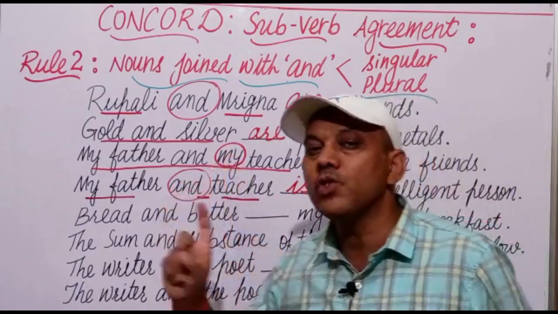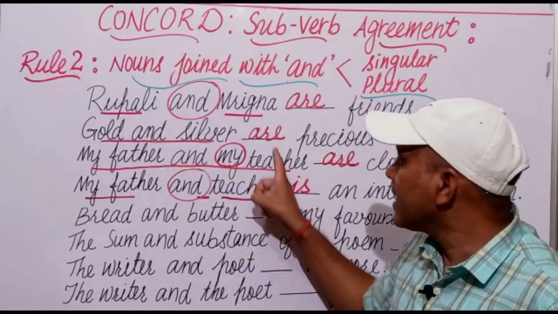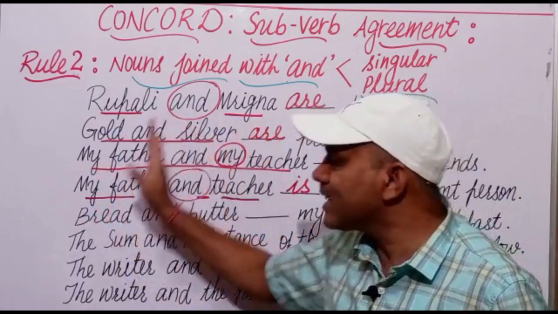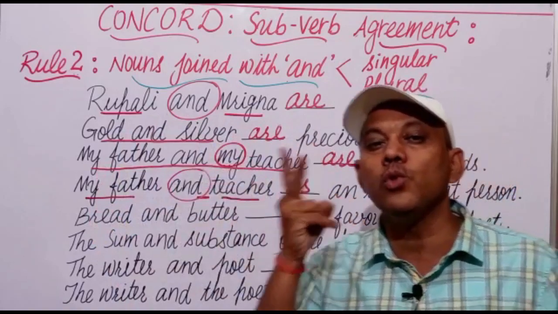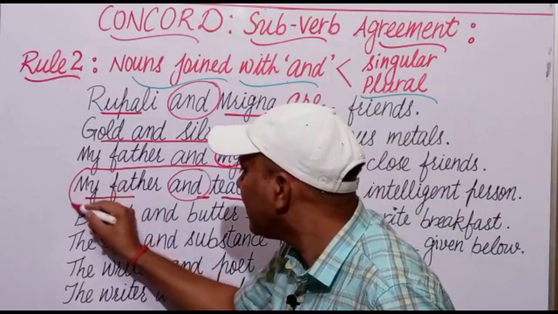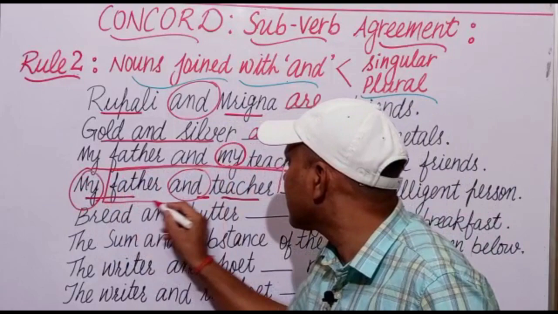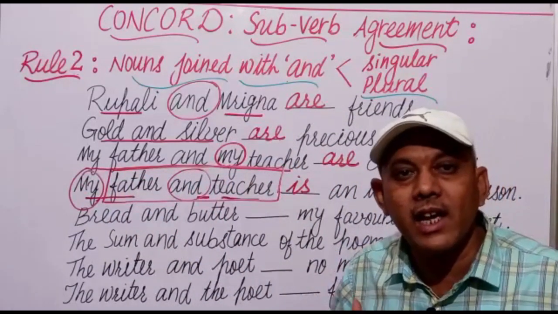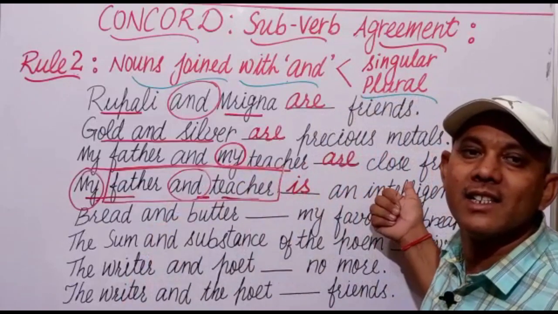यहां आपको कंफ्यूज नहीं होना है. यदि ये दोनों नाउन किसी डिटर्मिनर से, किसी प्रोनाउन से, किसी एडजेक्टिव से प्रेसिडेड हैं, अलग अलग, तो दे रेफर टू टू डिफरेंट पर्सन्स. But if here this my refers to both of these nouns, my father and teacher means जो मेरे father हैं वही teacher, वो एक teacher हैं, and he is an intelligent person.